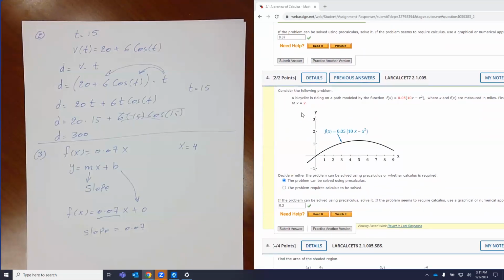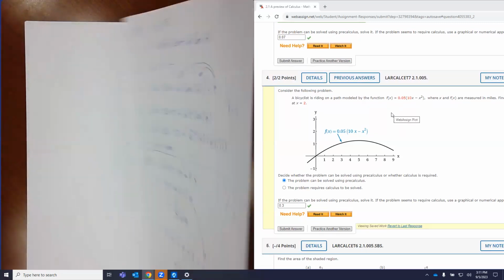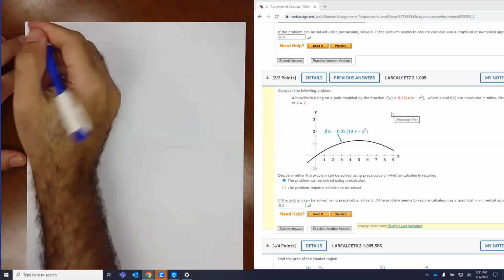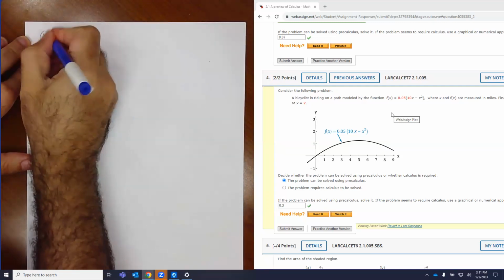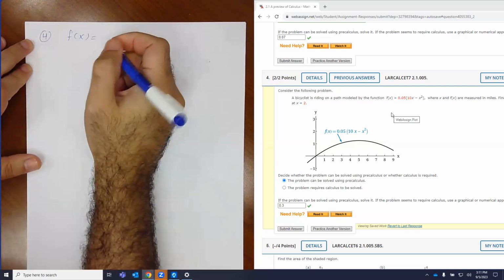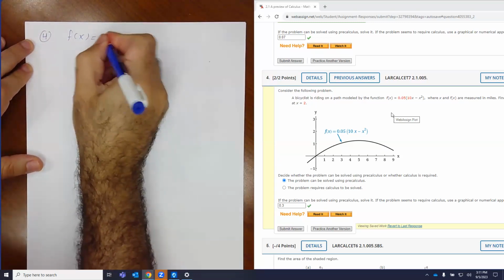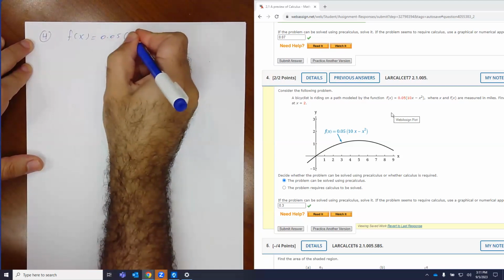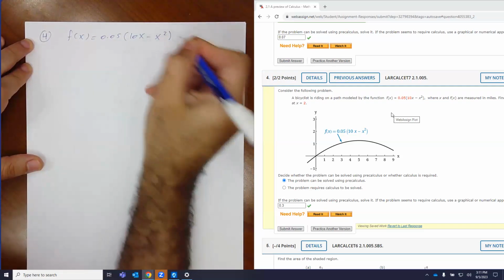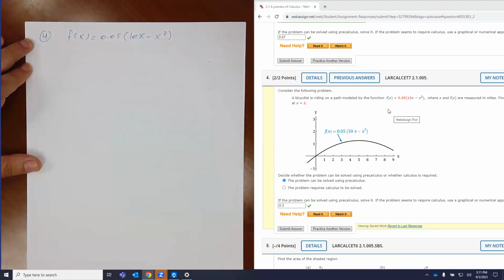We're going to do exactly the same thing, but riding on a path measured by the function. Now our function, this is number 4, is f of x equals 0.05 times 10x minus x squared, where x and f of x are measured in miles.